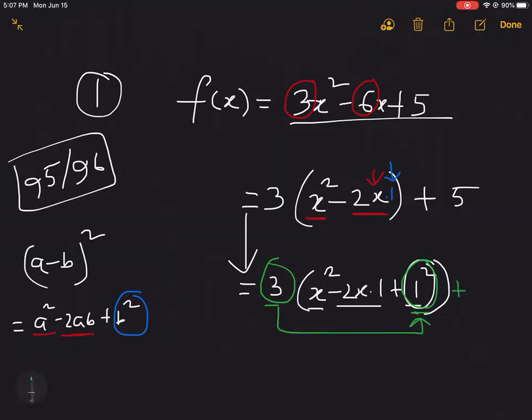So that means I need to subtract 3 as well to keep the value intact. I have added 3 here. I'm subtracting 3 as well on the right. So overall, if I just simplify this, all I'll get is the second line. That means the value will remain the same.